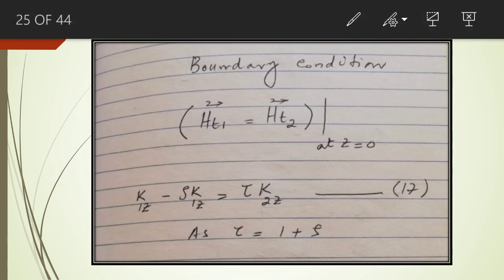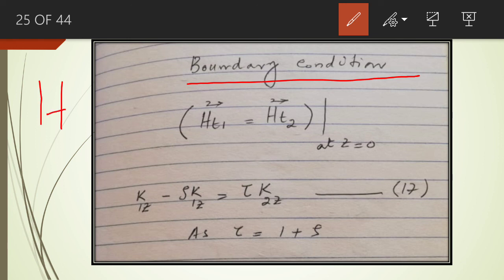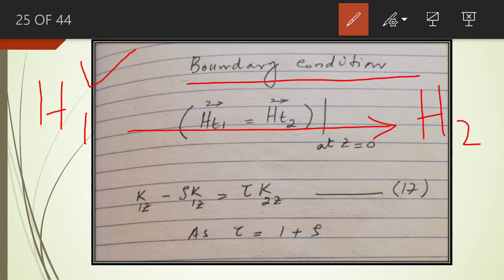we consider the boundary conditions. The boundary condition says that whenever a wave travels from one medium to another medium, the tangential component of the wave does not change. The normal component of the wave does change. So the tangential component of H1 according to the boundary condition will be equal to the tangential component of H2.